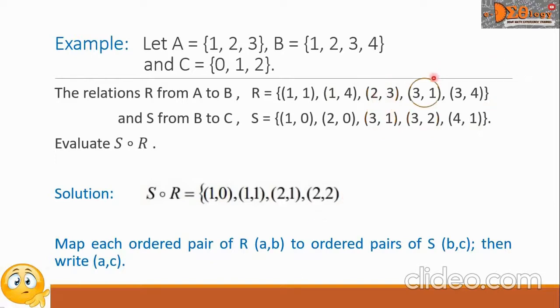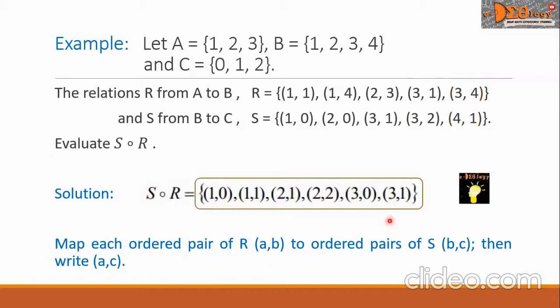Next ordered pair is (3, 1), and we can map this to (1, 0). Then we can combine the ordered pair (3, 0). The last ordered pair is (3, 4). We can map this to the ordered pair (4, 1), so we can write this (3, 1). This is now the final answer.